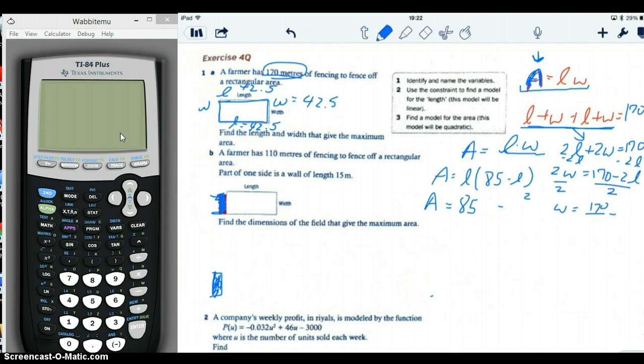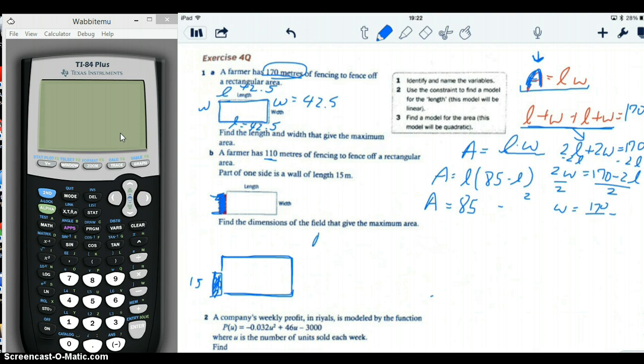Now you're going to use the fence to try to make a rectangle that has the most area possible. Okay, and they say it's 15 meters of wall, so that's 15. And then the rest of your rectangle is going to total up to 110 meters of fencing.